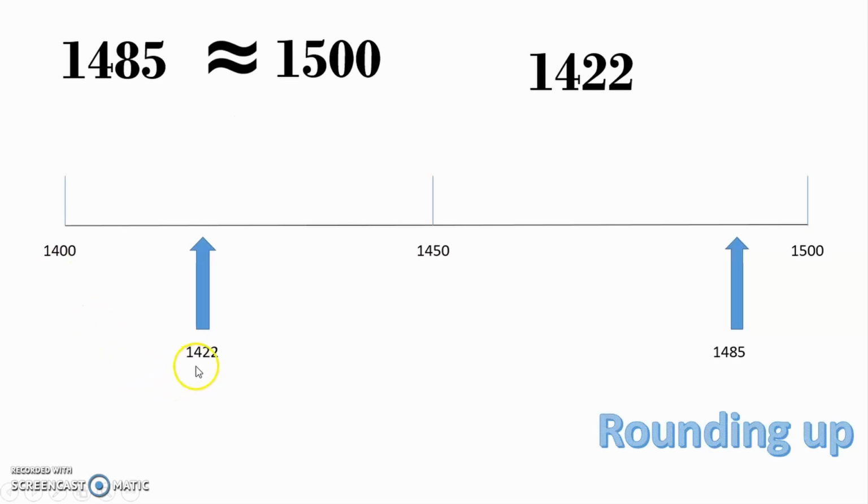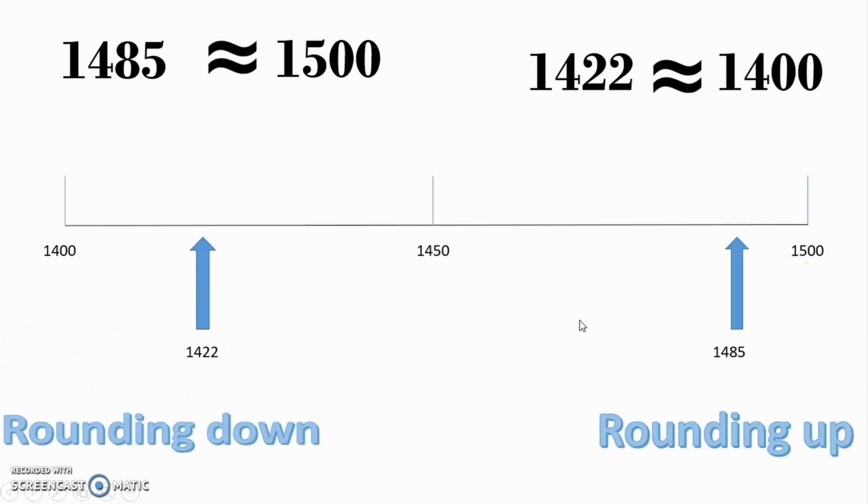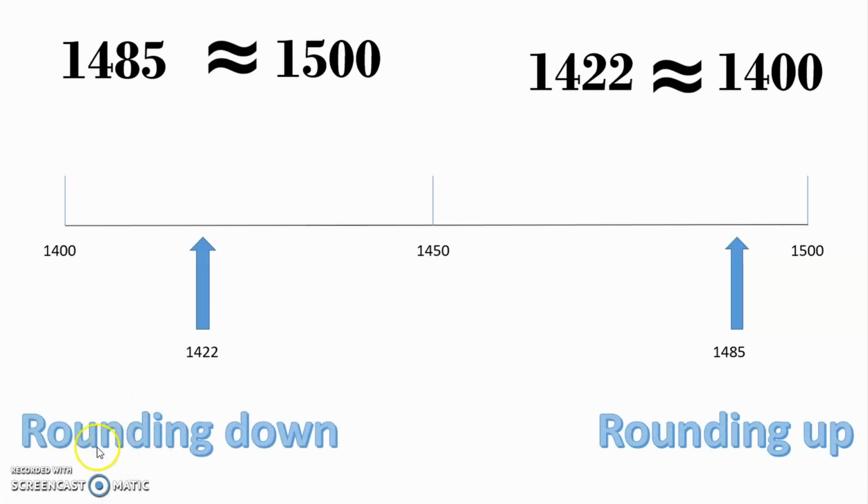I can say now that there were approximately 1,400 present, as this number would now be closer to 1,400 than to 1,500. This is called rounding down. Rounding down is also another approximation method.